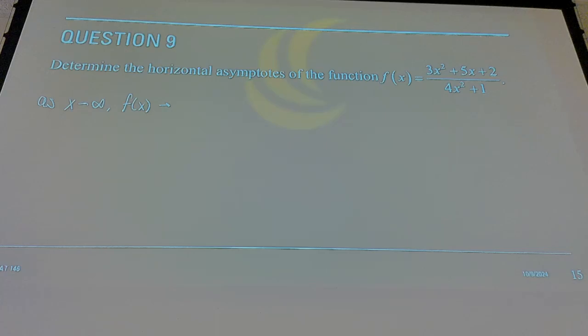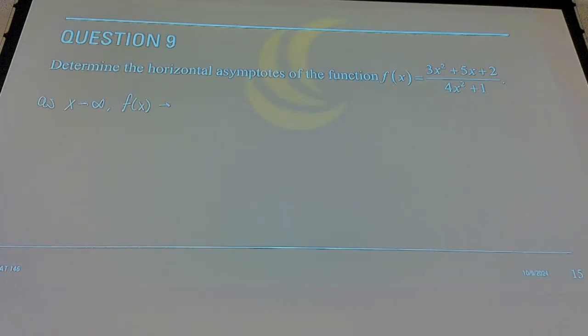So x is increasing without bound. How would 3x squared plus 5x plus 2 behave? It's going to approach infinity.